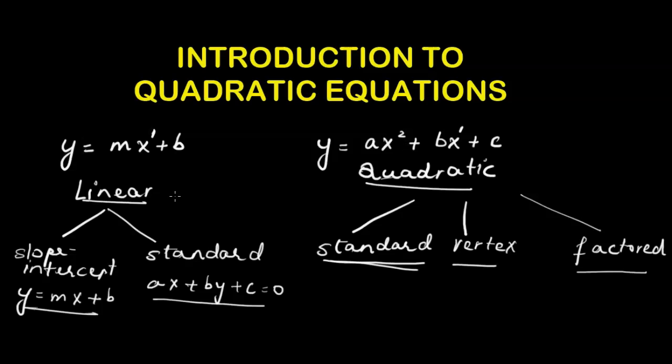There is another comparison for linear and quadratic equations. When we are given a table of values for linear and quadratic equations, we would see a difference in the finite differences. Let's understand this with an example.